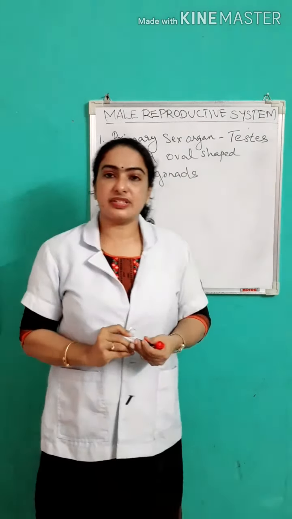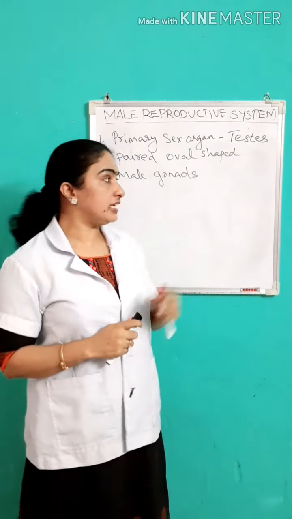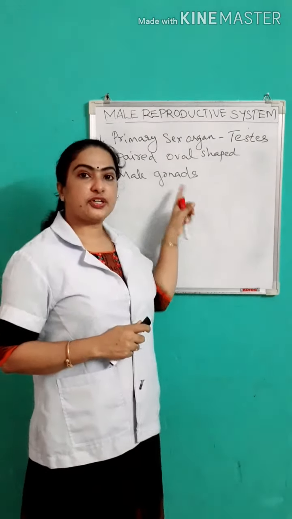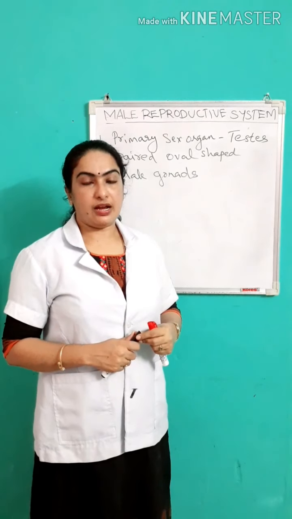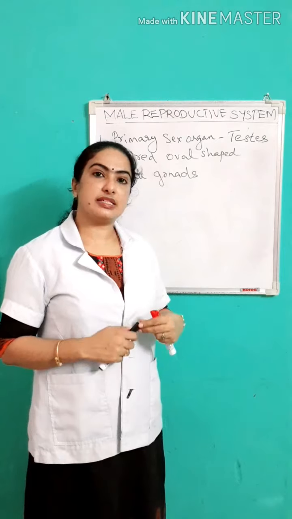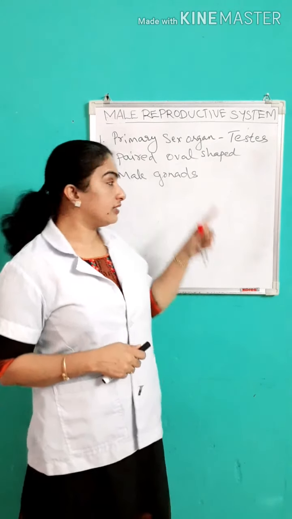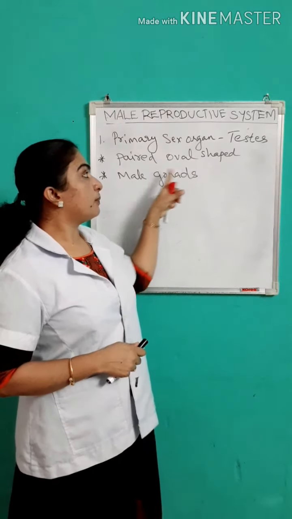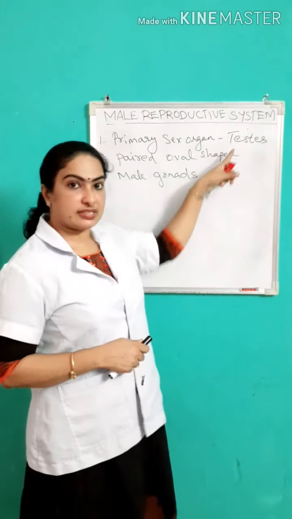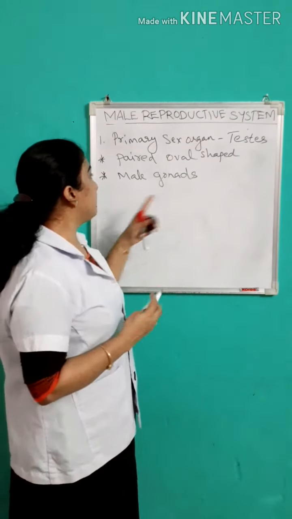Male gonads, what is the meaning of gonads? Gonads means organs which produce gametes. The organ which produces gametes in the female is a female gonad. Here, the organ which produces gametes is the testis. Okay. So, this is the male gonad.